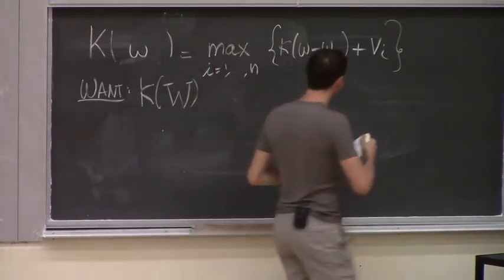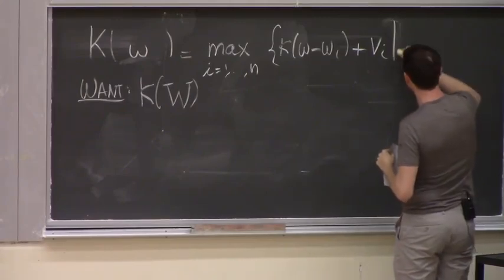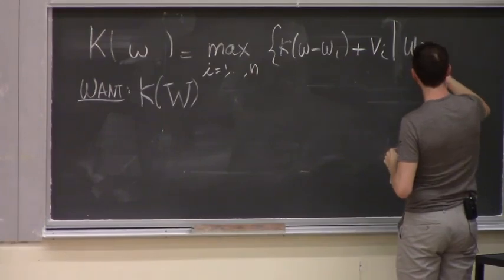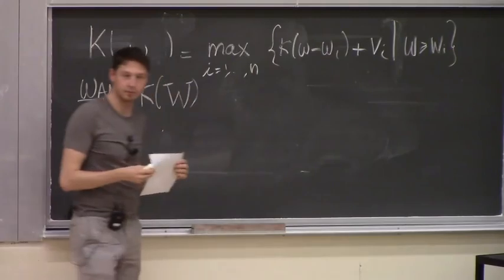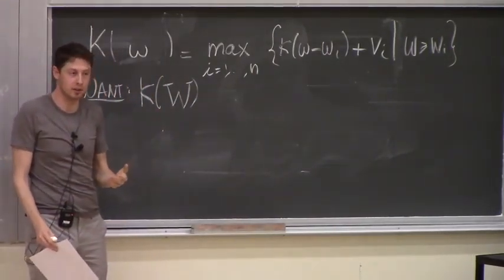So here, really, I should modify and say that we're only considering things such that W is at least Wi, right? At every recursion, I should only make choices that make sense.